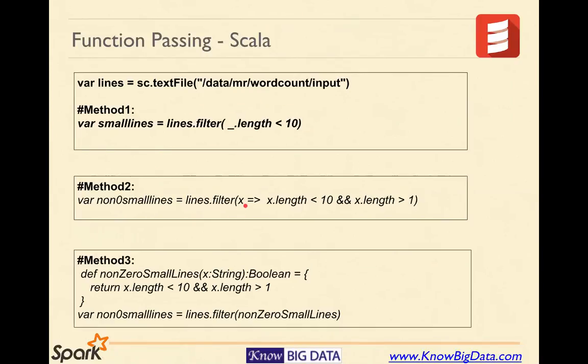The second way is by using this kind of arrow. We say that the function we are passing takes one argument called x and then does this. It returns lines whose length is greater than 1 but less than 10 characters. The third one is where we define the function explicitly and then pass that function.